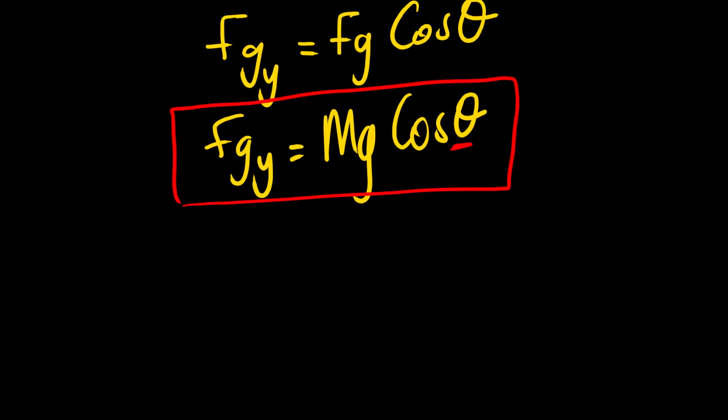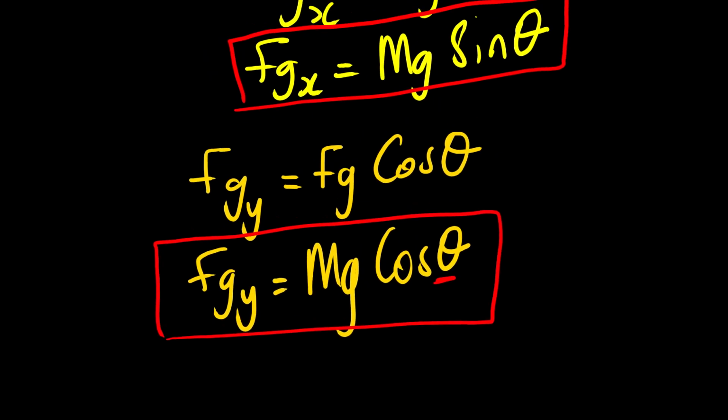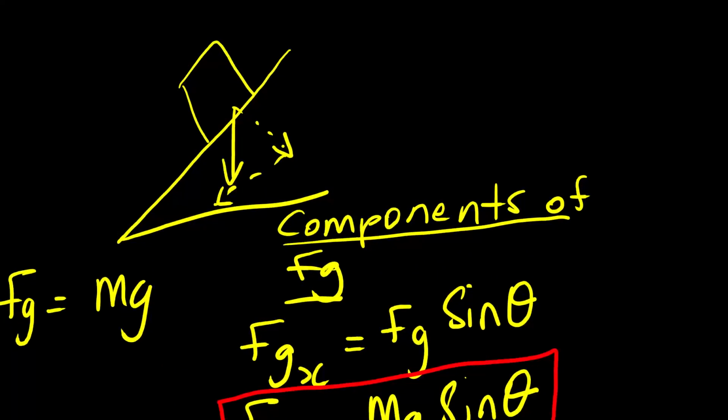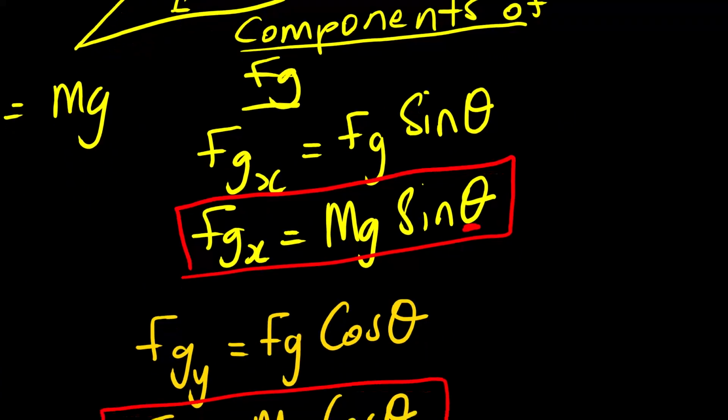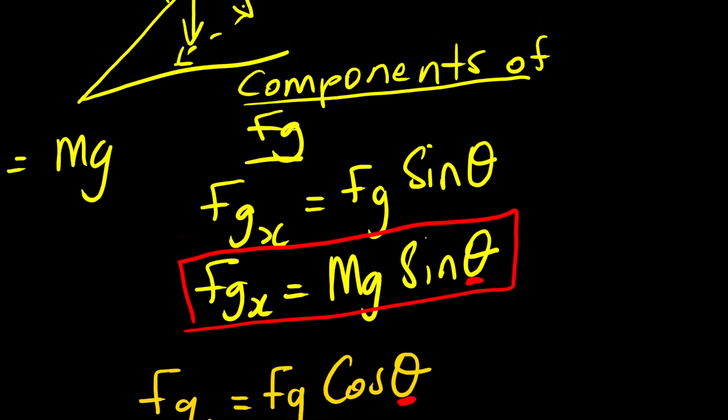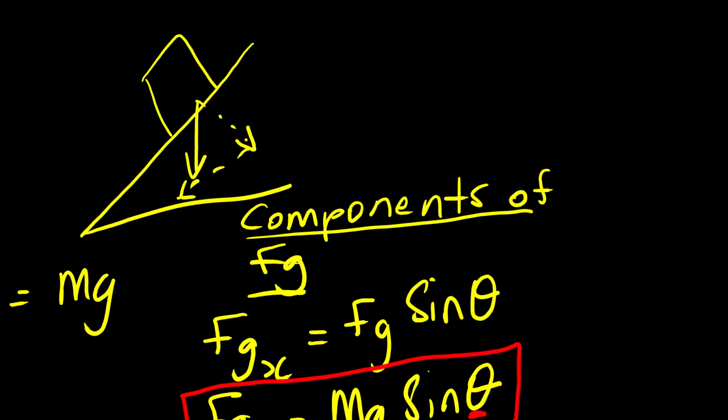Now this angle, going back to our drawing, the angle which we are going to substitute here, also in cos theta, is the angle of the incline. So whatever angle you have here is the one we are going to use to calculate our components.